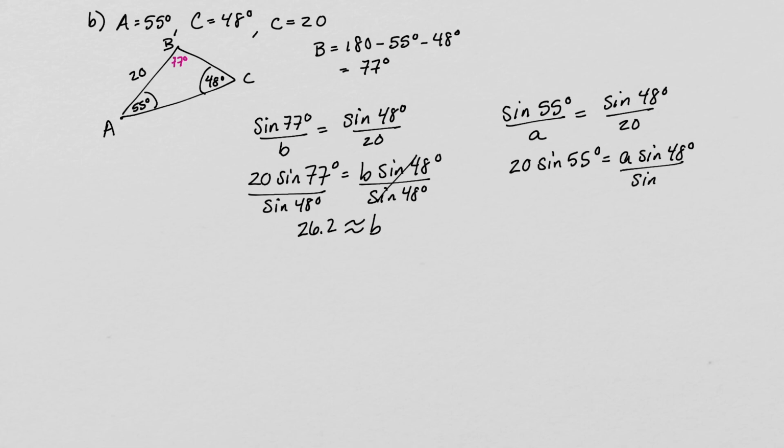Divide both sides by the sine of 48 degrees. The sines of 48 would cancel, and so a in this case is going to be approximately 22.0. So the law of sines is pretty nice, especially when you're given two of the angles. All of the problems in this section give you two of the angles, and that makes it a little bit easier to use the law of sines.